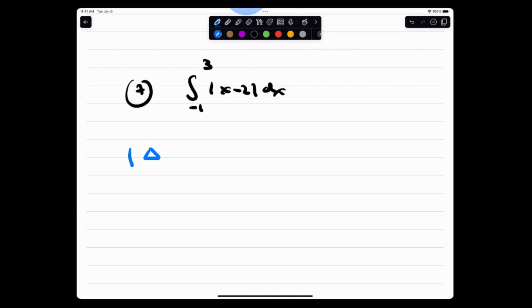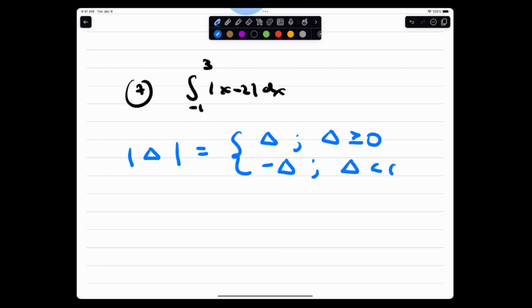Now, I'm going to write it this way. The definition of the absolute value of anything, you got to do it piecewise. It is that thing when that thing is greater than or equal to 0, or its opposite when that is negative. So what I mean by that is what's in this absolute value here is really x minus 2.